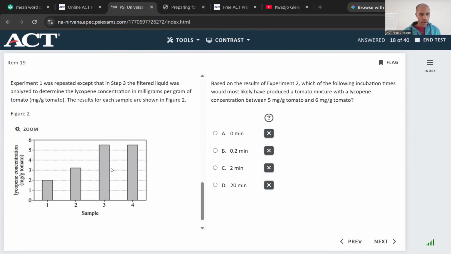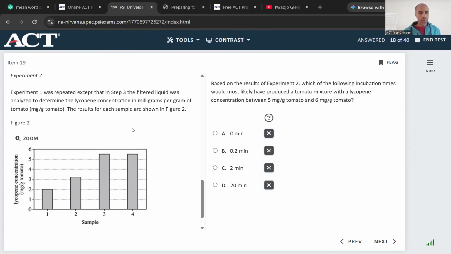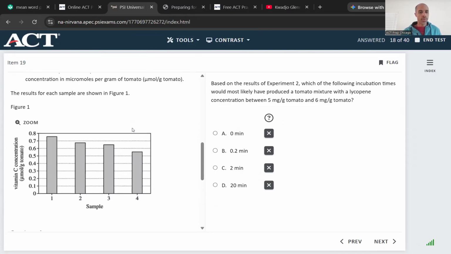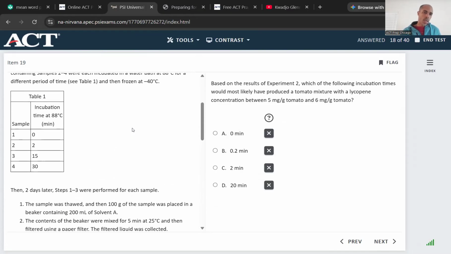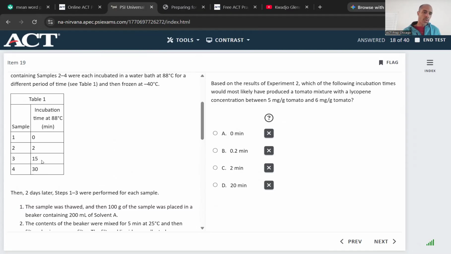So between 5 and 6 would be sample 3 or sample 4. What were the incubation times for sample 3 and 4? Sample 3 and 4 were 15 and 30 seconds. So 20 will work because 20 is somewhere in that range. Those wouldn't work.